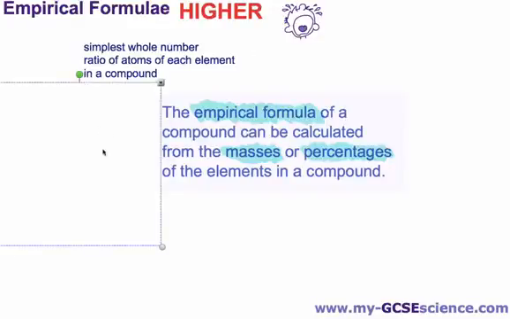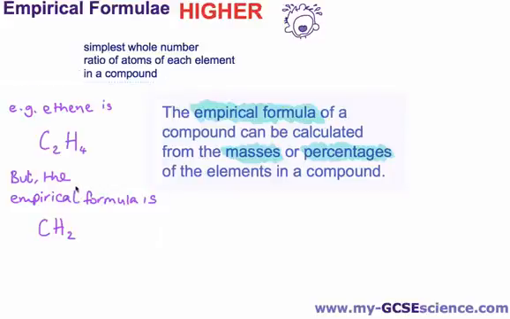Now just to give you a bit more explanation on that one, have a look at this. We've got ethene, which has a formula of C2H4, but the empirical formula is the simplest ratio of atoms of each element, and the simplest ratio would be C1H2. So if we divide both of those by 2, we'll end up with C1H2, and there I've written it down for you.